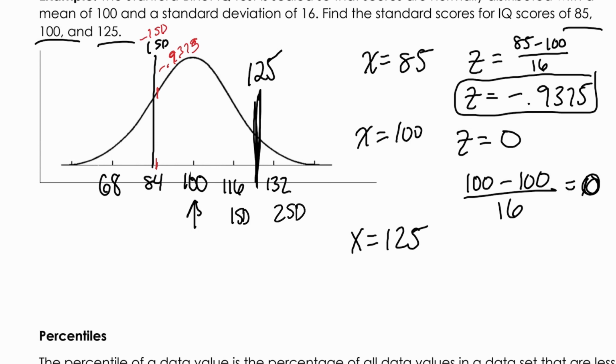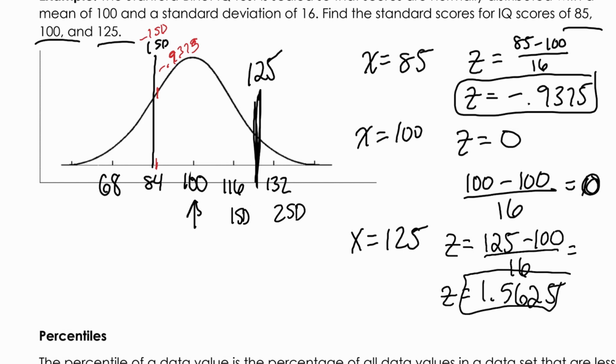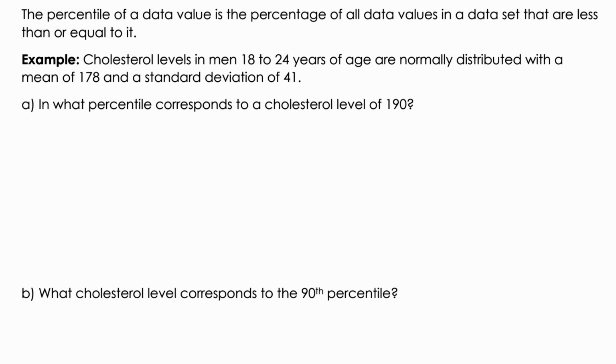So my Z should be 1 point something. When I figure out what Z is, I take my raw score, which is 125, subtract my mean, and divide by my standard deviation. And when I do that, I get that Z is equal to 1.5625, which is exactly what I thought it should be, somewhere between 1 and 2 standard deviations away from the mean.